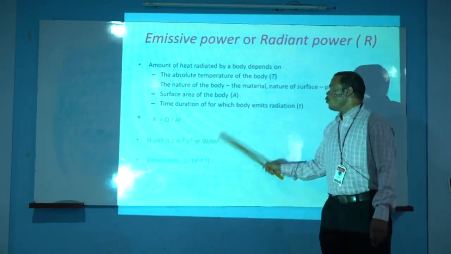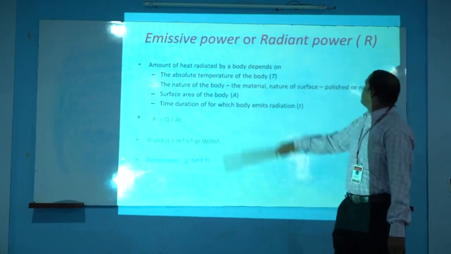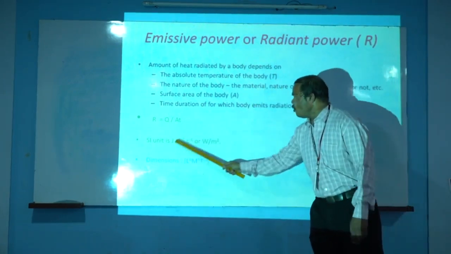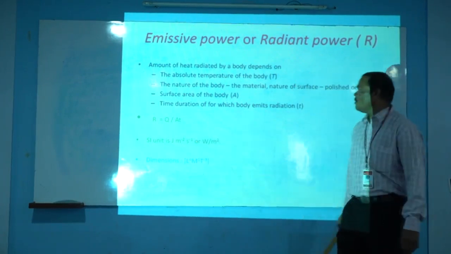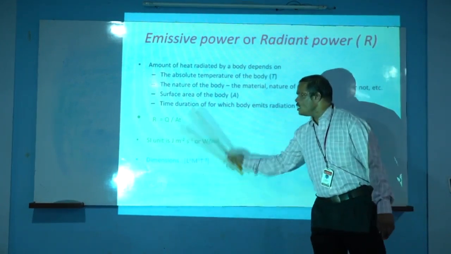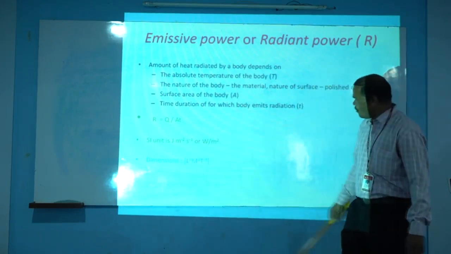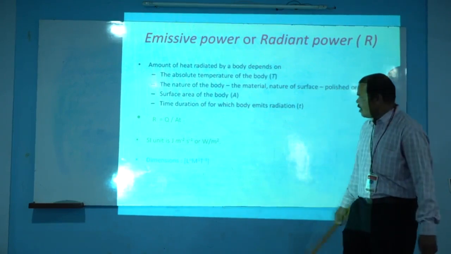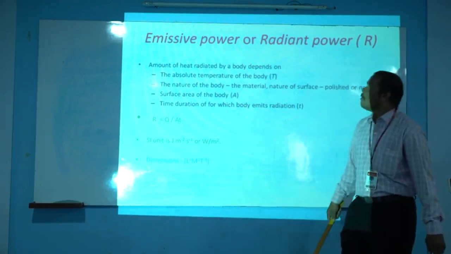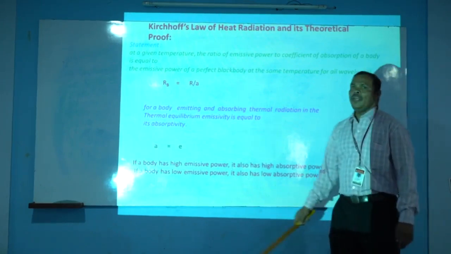It becomes watt per meter square. So the SI unit of emissive power is joule per meter square per second, or watt per meter square. Then the dimensions of the emissive power are L raised to 0, M raised to 1, and T raised to minus 3.